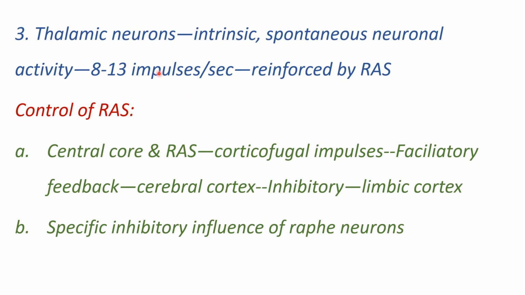Now we have to keep it in mind that the thalamic neurons, which the reticular activating system or the reticular formation is sending impulses to, itself has the intrinsic capability of spontaneous neuronal activity, which is approximately at the rate of 8 to 13 impulses per second.